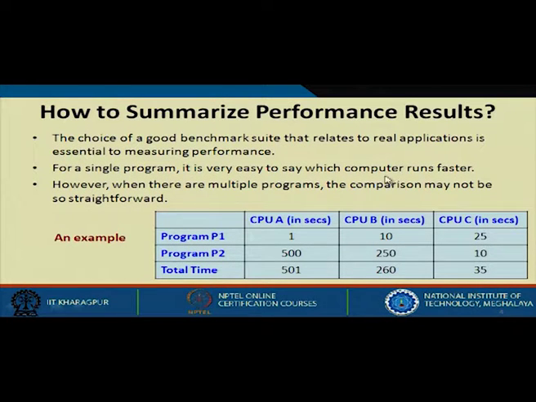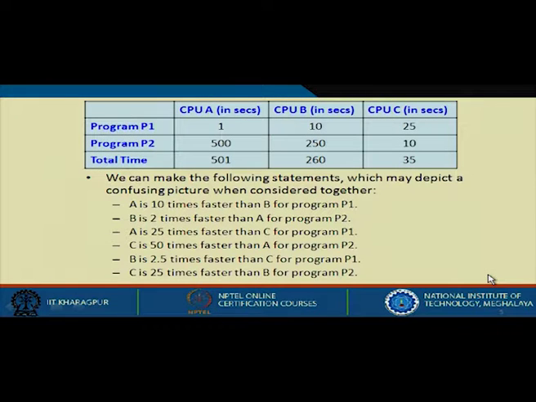Let us see this example with program 1 and program 2, and CPU A, CPU B and CPU C, 3 different processors. In seconds, program 1 is taking 1 on A, 10 on B and 20 on C, and program 2 is taking 500, 250 and 20. The total time taken is shown for each. Now, we can make the following statements, which may depict a confusing picture when considered together.